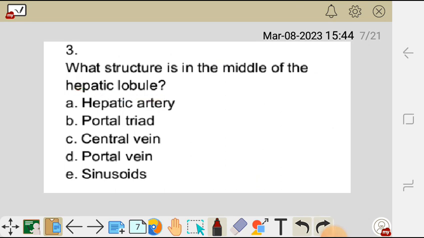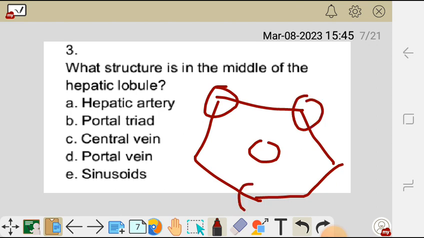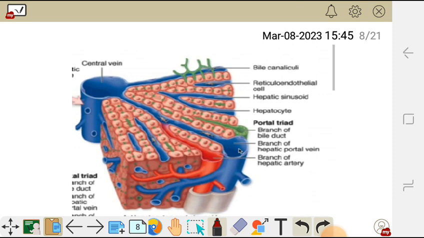When we draw the hepatic lobule, we see that in the middle of the lobule we have the central vein, and in the corners we have what we call a portal triad. A portal triad is this structure here, which has the hepatic artery, the portal vein, and a branch of the bile duct.